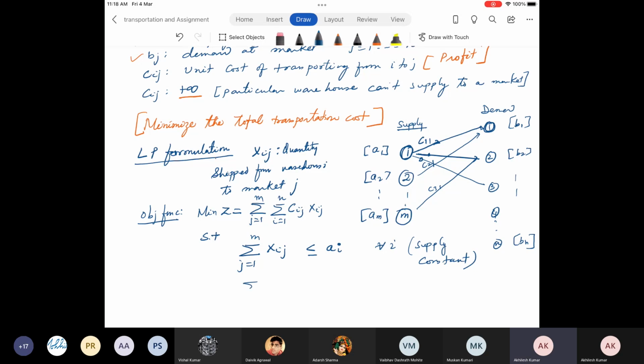Similarly, for the demand of a customer, it can be fulfilled by warehouse 1, warehouse 2, warehouse 3 and so on. So summation I equals to 1 to N of Xij should be greater than or equal to Bj for all j. This is the demand constraint. See if I formulated it right or not, whether it is taking care of both constraints or not.